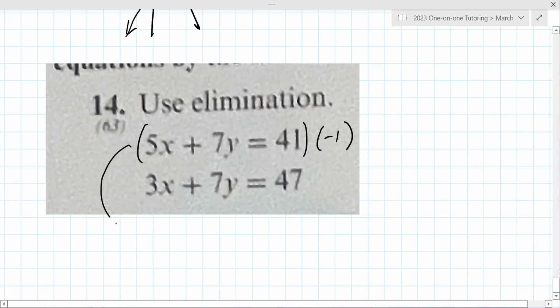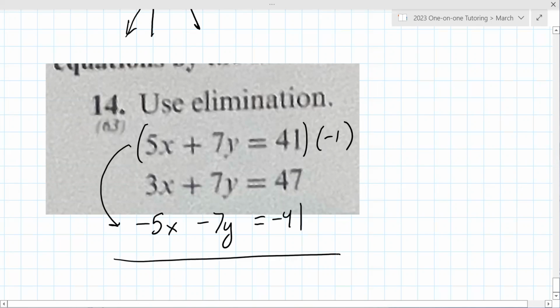So that becomes minus 5x minus 7y equals minus 41. Okay. So now you're adding 3x minus 5x, that's minus 2x. The 7y minus 7y cancels, equals 6.